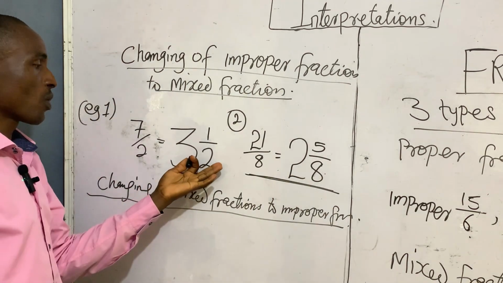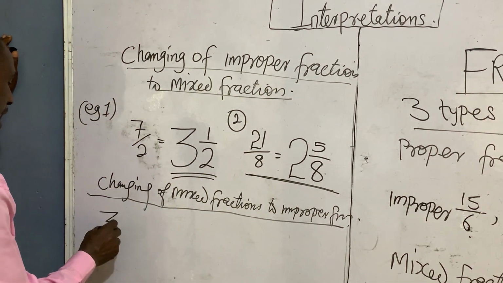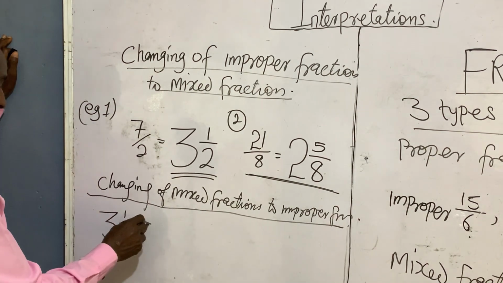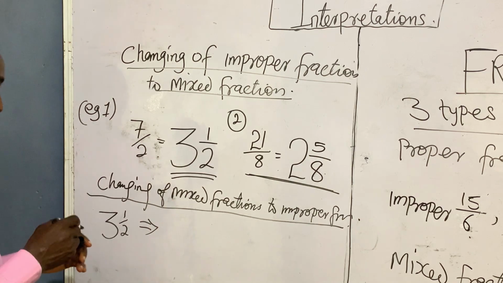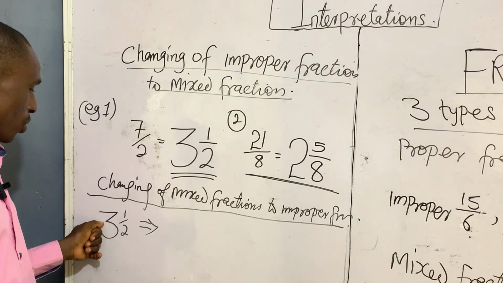Let's quickly just use this one immediately. You know, we're having 3 whole number 1/2. So let's change it. What do we do? These 2 down here multiply the whole number.